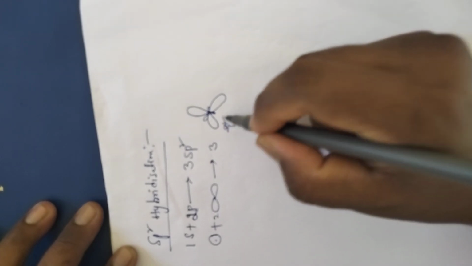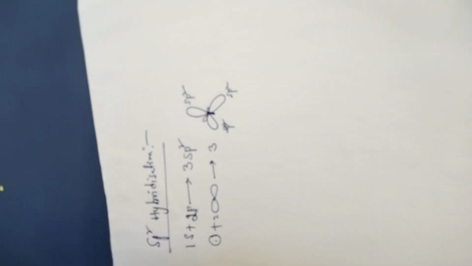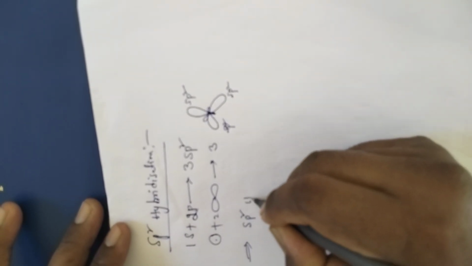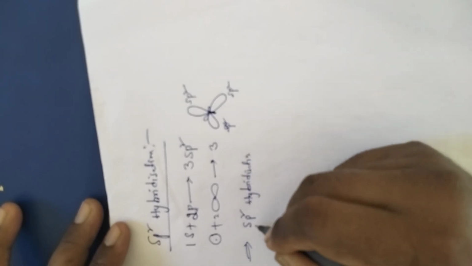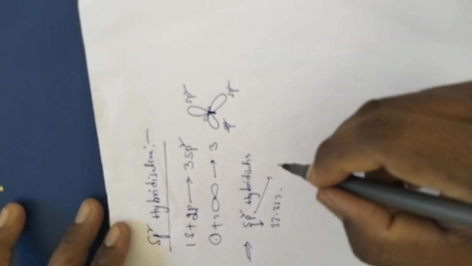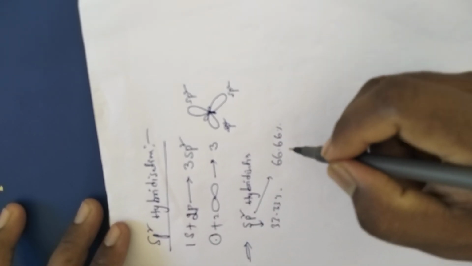This is one sp2 hybridized orbital, 2 sp2, 3 sp2 hybridized orbitals. In sp2 hybridization, the s character is 33.33% and the p character is 66.66%.